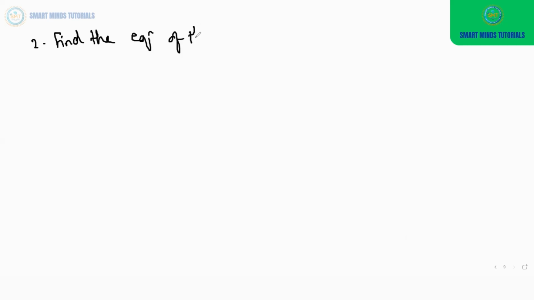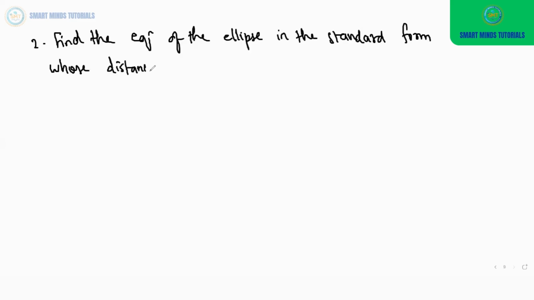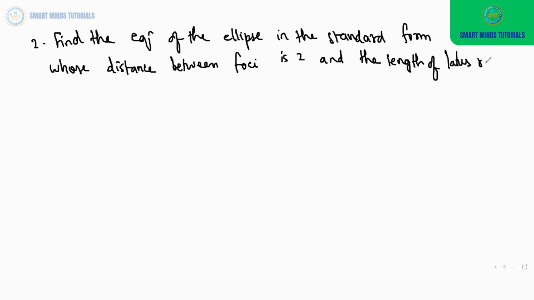Find the equation of the ellipse in the standard form, whose distance between foci is 2 and the length of a latus rectum is 15 by 2.